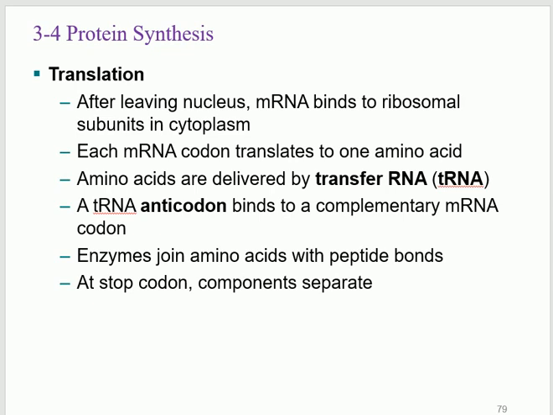So, got the first amino acid, double checking, codon, anticodon, correct, leave. Next one, bring it, amino acid. Now I have two. I'm not going to leave them like this. Make a peptide bond. Okay, now I have a dipeptide. Next, bring the amino acid, fit in, yes, link, peptide, peptide.